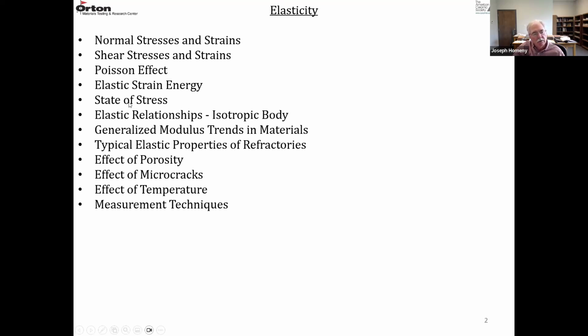And I'll mention the state of stress, elastic relationships for isotropic bodies, and refractories are considered to be isotropic. General trends in the elastic properties of materials, what controls the properties, some examples of refractories, and then the effect of porosity, microcracks, and temperature on the elastic behavior, and then finally a brief section on how they're measured.